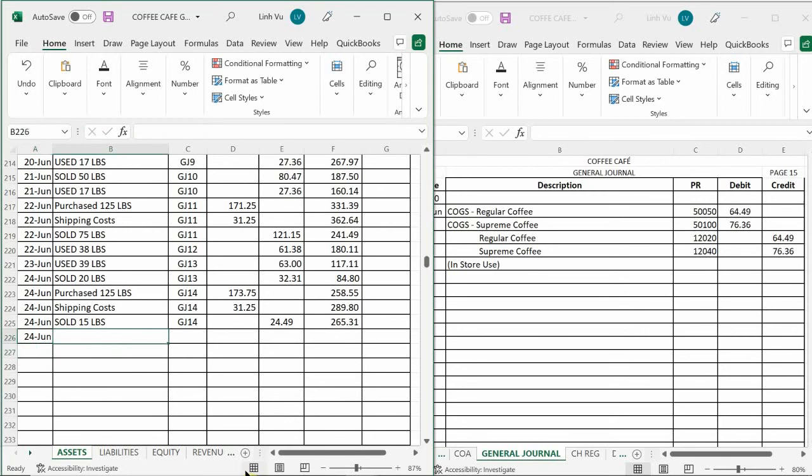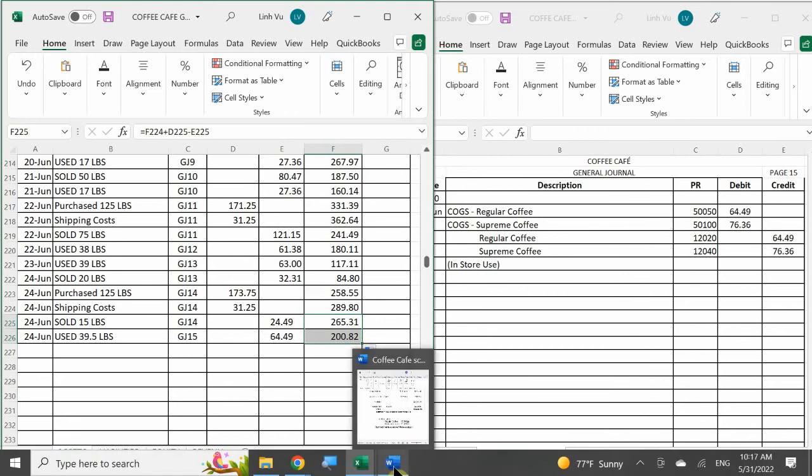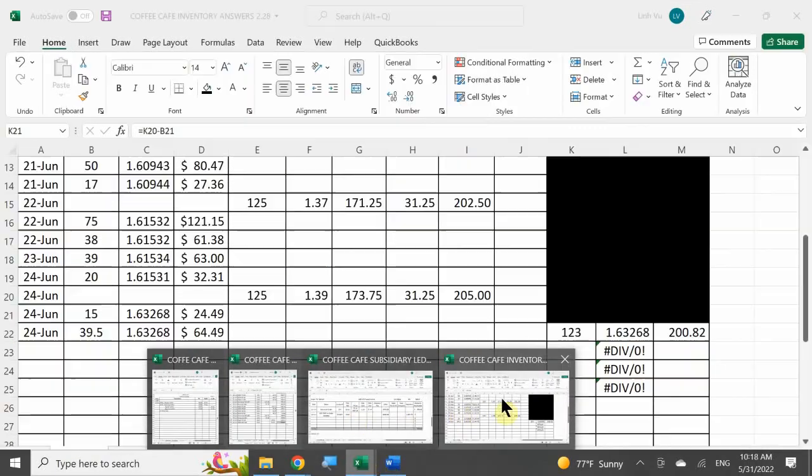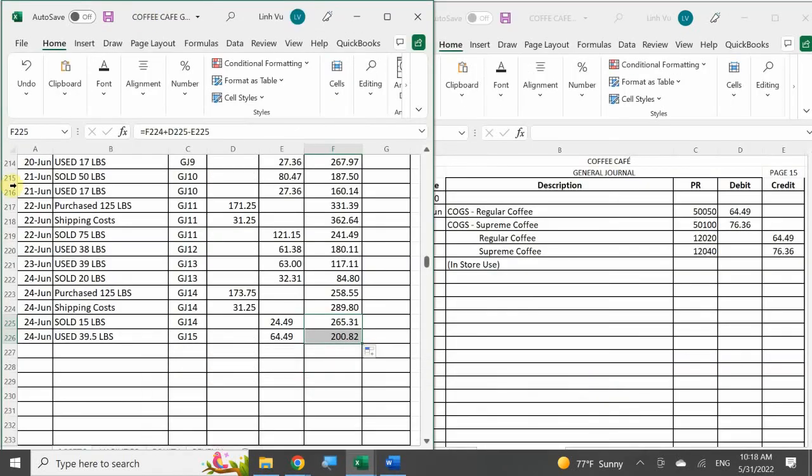We end up using 39.5 pounds for $64.49, which should bring my account balance down to 282 cents, which does indeed match my inventory worksheet.